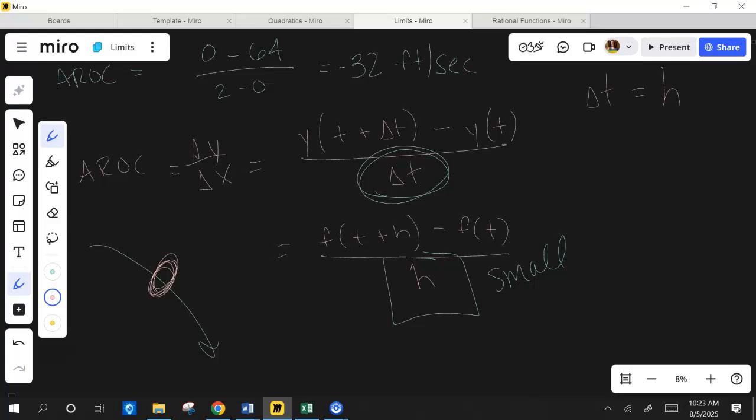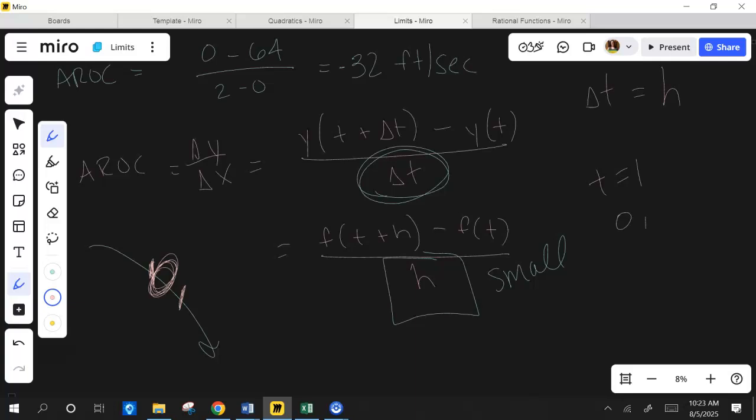Well, I only know how to find the speed between two times, not at one specific time. But if I could use this to think about, okay, from here to here, I could find the average speed, right? What if I could shrink that distance in? So if I wanted at time 1, what's the rate of change?